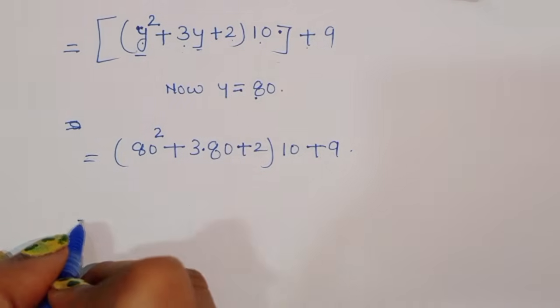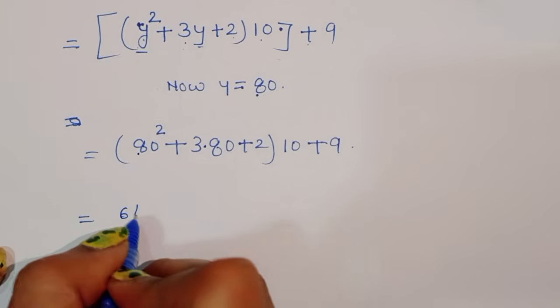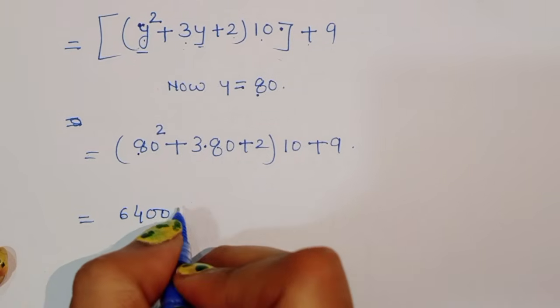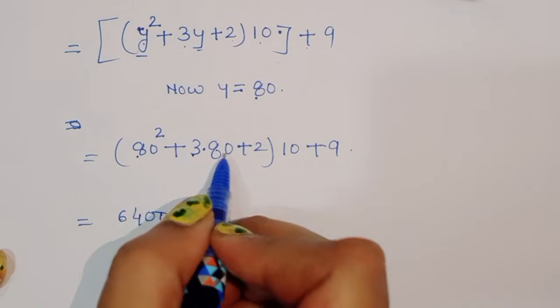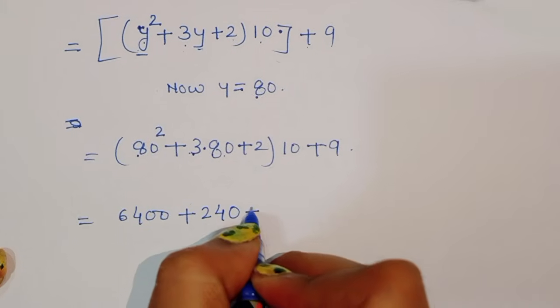Now 80 square: 8 square is 64, and then two zeros. Plus 80 times 3: 8 times 3 is 24, so 240, plus 2.